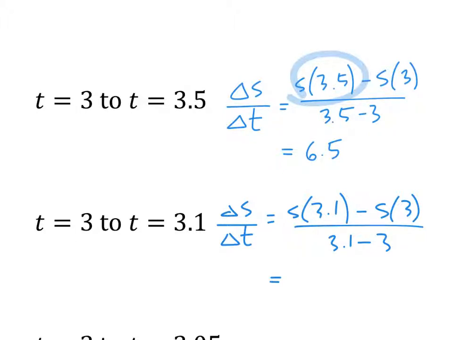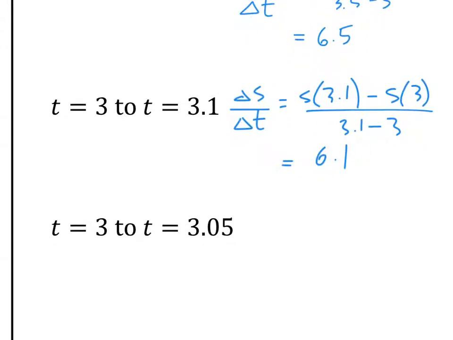What is the average velocity between 3 to 3.1? 6.1. All right. That's pretty good. How about we bring it in even closer?